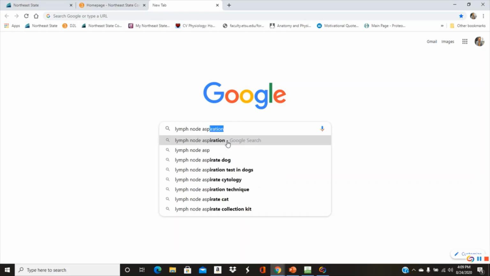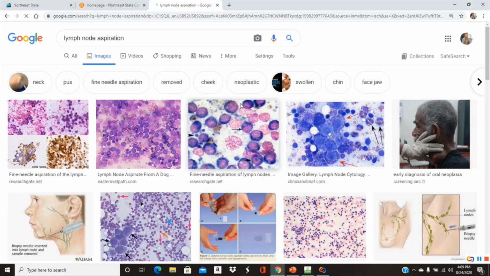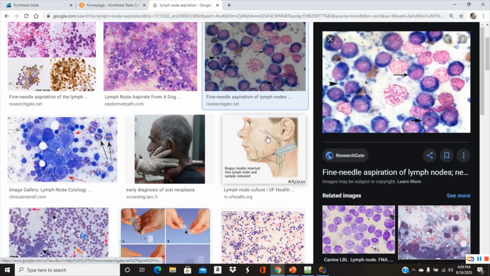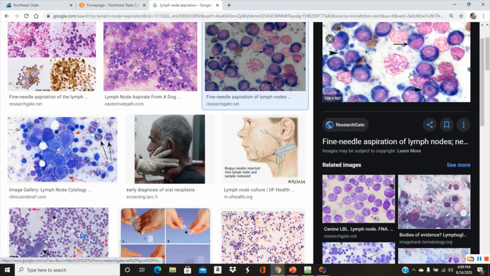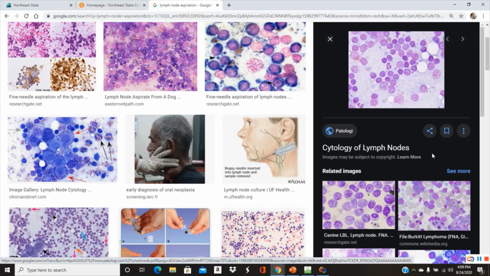A lymph node aspiration is a good way to see lymph, where you took lymphocytes out. And these are all lymphocytes, okay? This is really what we should be seeing, a bunch of that in a lymph node, in canines, whether or not it's a mammal.